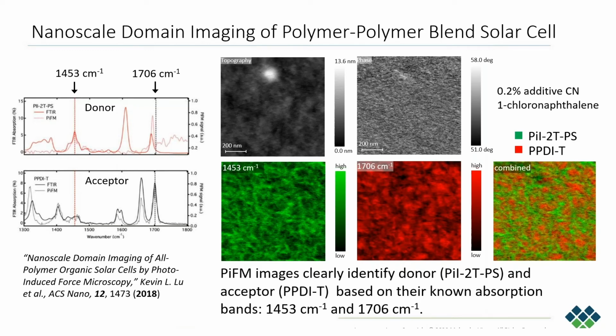The reason this works well as a solar cell is that it's well integrated. And you can then do a grain analysis to figure out the size associated with this material for different amounts of additive.